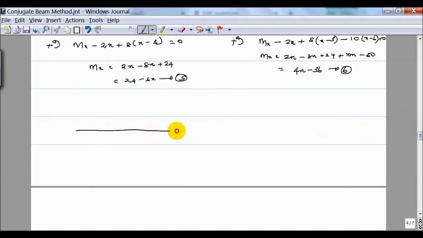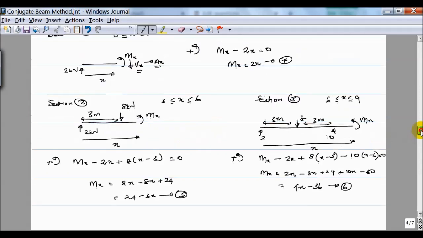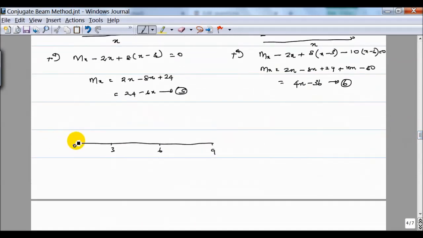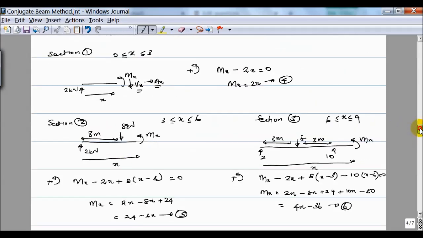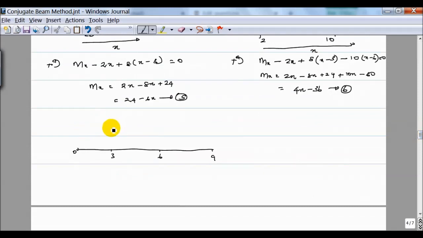This is 0, this is 3, this is 6, and this is 9. Between 0 to 3, the equation is 2x. If you substitute x equal to 0, it's 0. If you substitute x equal to 3, it is 6. So it's a linear curve, with 6 kilonewton meter.